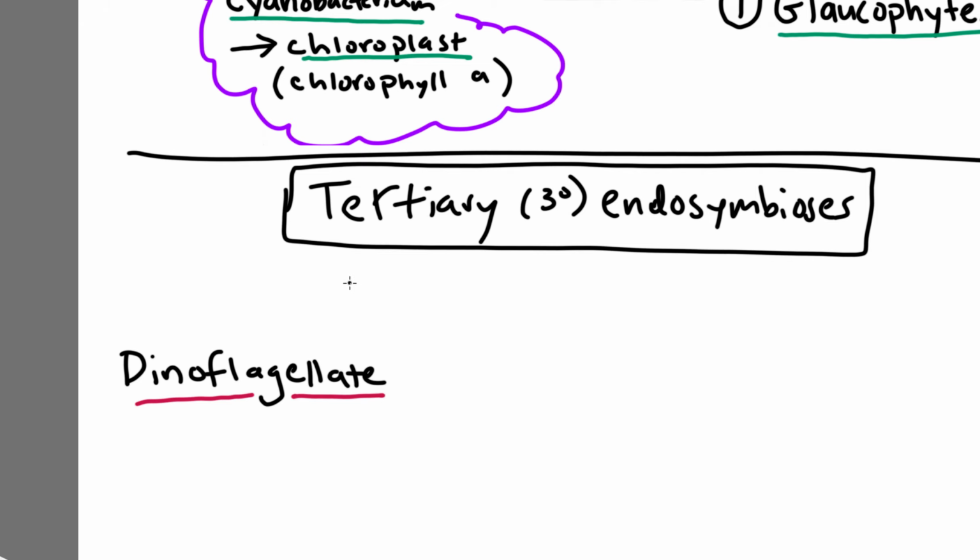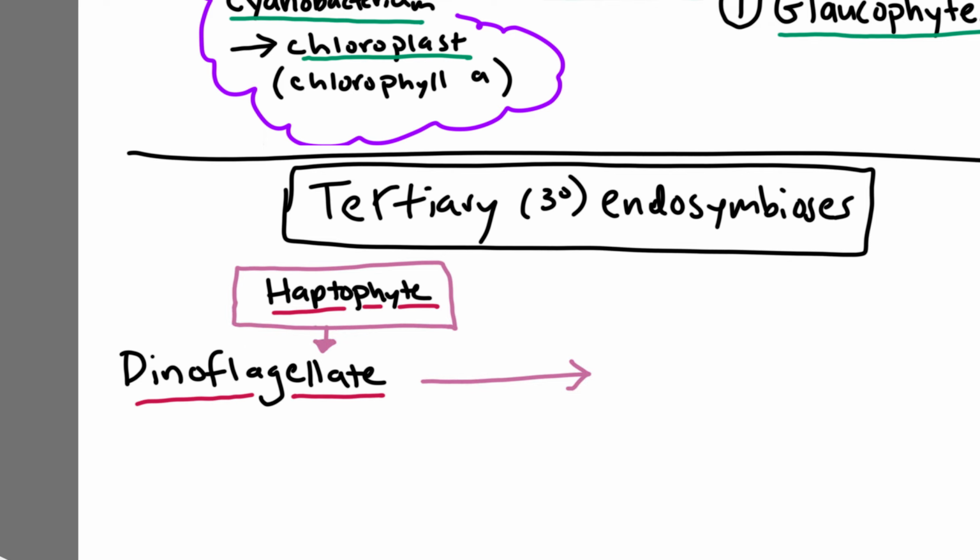engulfed a haptophyte, which we also said got its chloroplast from red algae. Let's use some pink. Okay, so this is going to be like a tertiary event. And then it looks like it loses the dinoflagellate chloroplast.